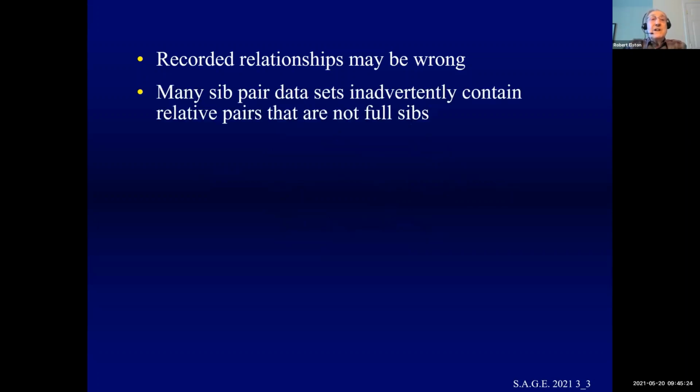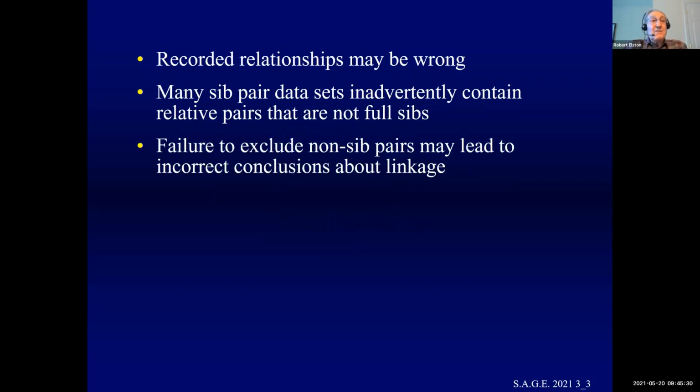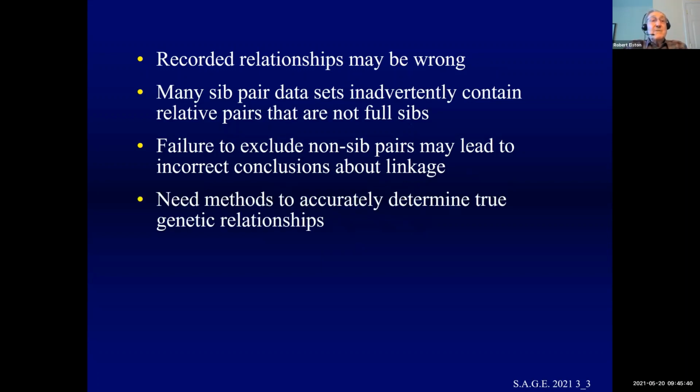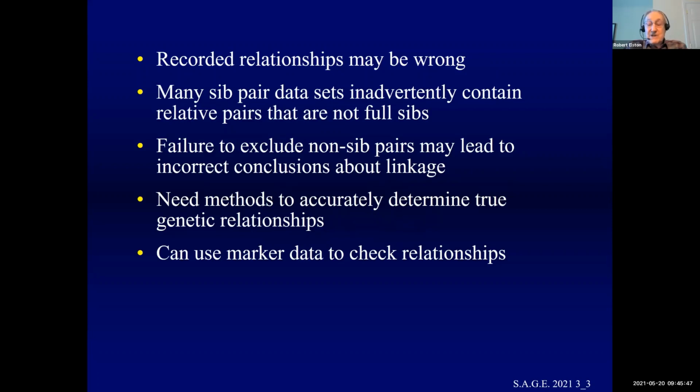Many SIB pair sets inadvertently contain relative pairs that are not full SIBs. Furthermore, if you don't exclude the non-SIB pairs, you'll lead to incorrect conclusions about linkage. So we need some methods to accurately determine true genetic relationships, and that's what rel test does.